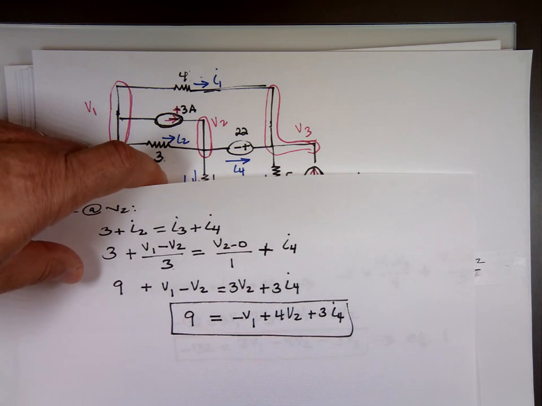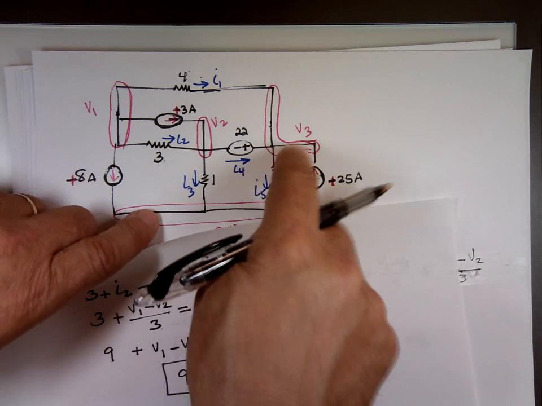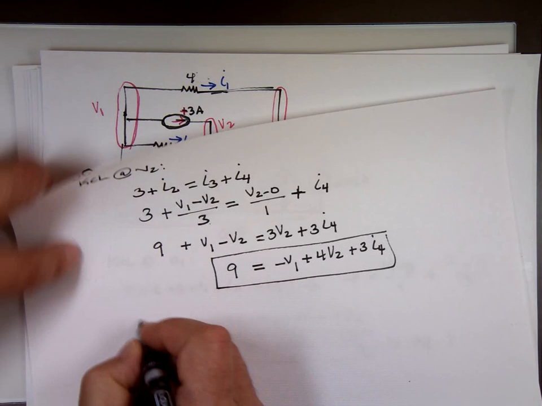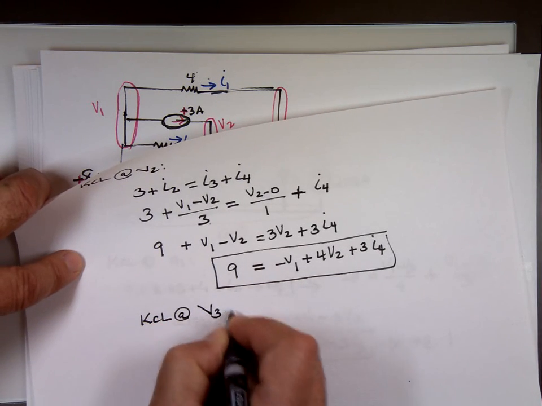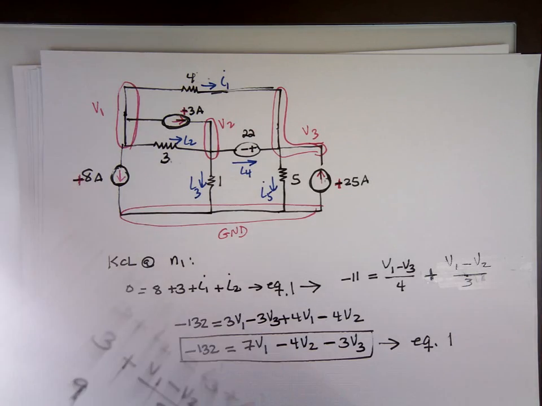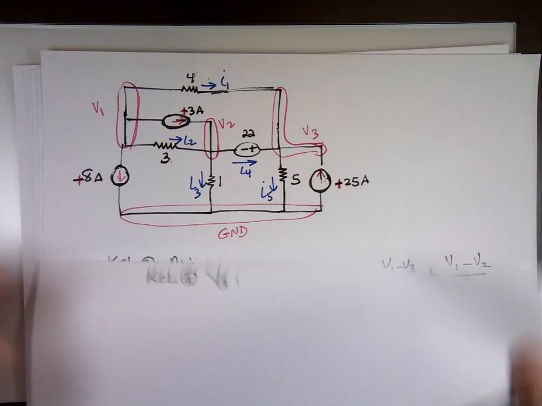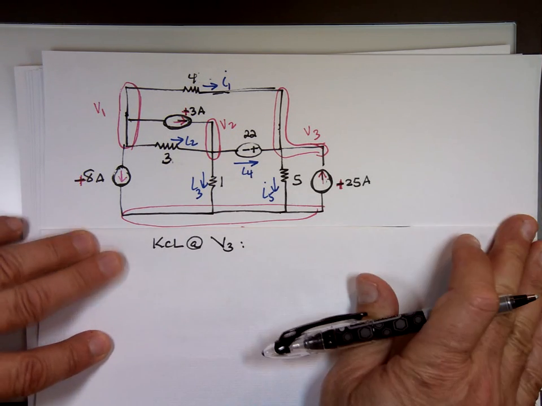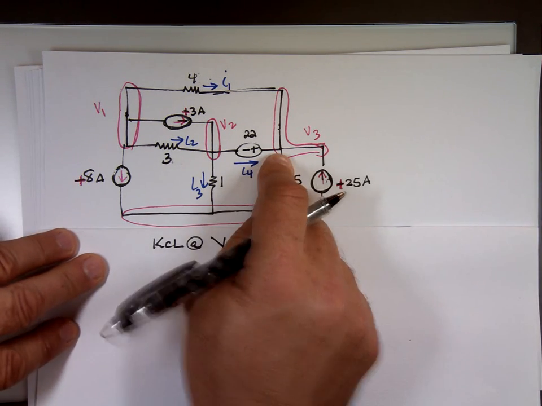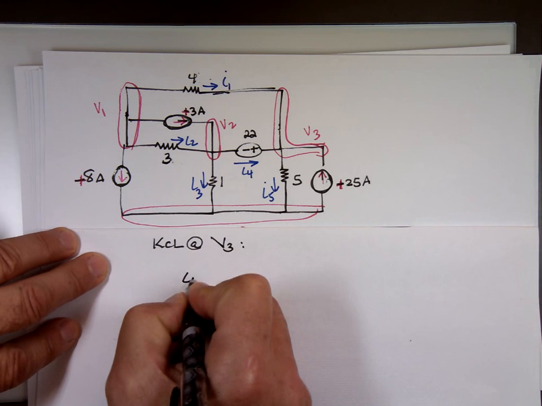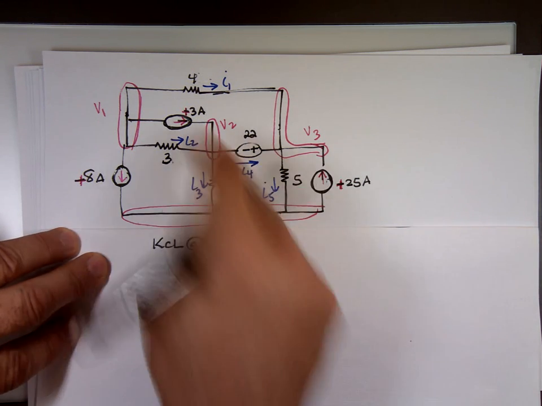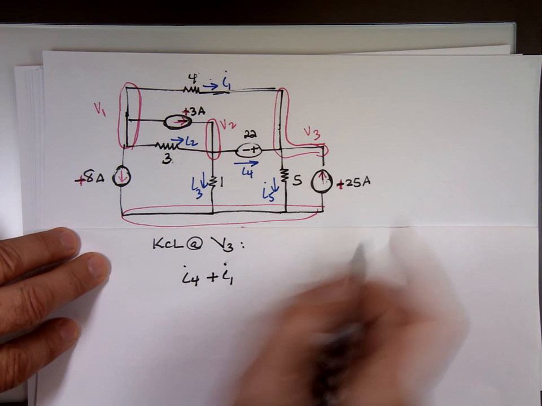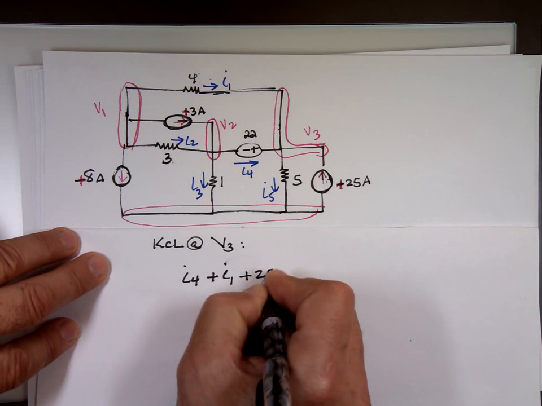Well, let's look at KCL at node V3. Let's see what's going to happen. Let me fold that paper there. This is V3. What's going into it? I sub 4 plus I sub 1 plus 25, and what's leaving?